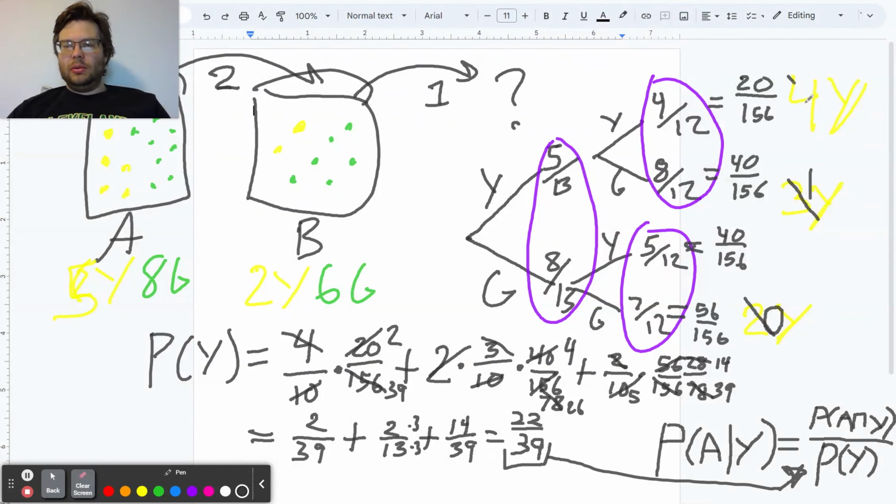And in this situation, we have 2 yellows. So we should be able to pretty much repeat the calculations that I wrote out here in this probability of yellow line and just replacing those values accordingly. So let's do that here.